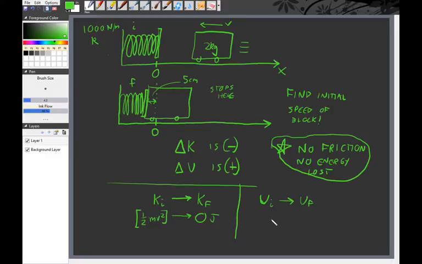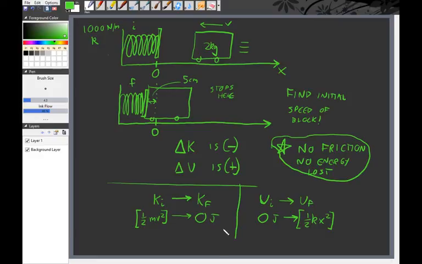How does this change? Okay, we know our initial potential energy is 0. There's no energy stored in a spring that's not stretched or compressed. And our final potential energy, well, we'll use a potential energy equation for a spring. And we'll put a bracket around here because we haven't solved this out yet.